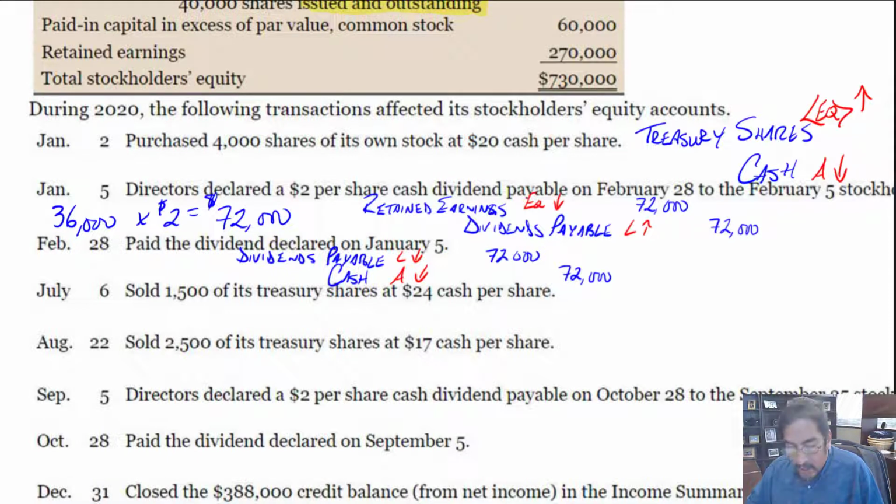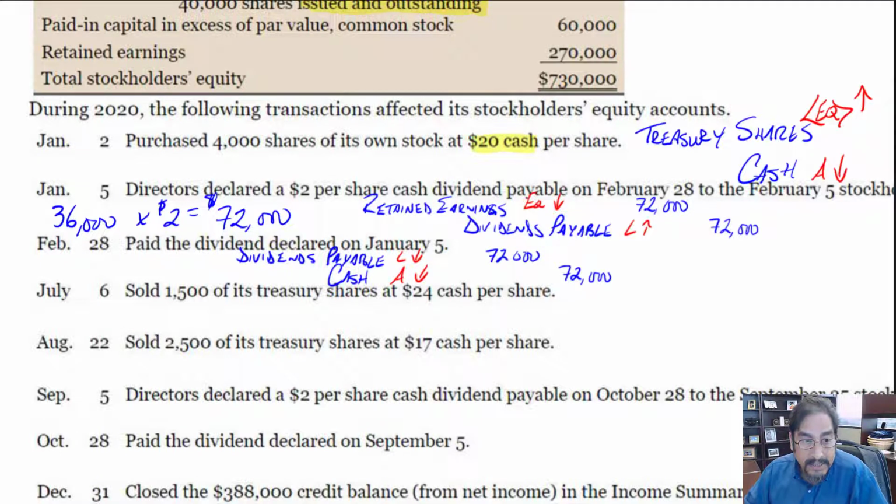Next, on July 6th, we sold 1,500 of our treasury shares at $24 per share. We need to remember what we bought those shares for, because that plays a huge role in the journal entry when we reissue or sell these treasury shares.